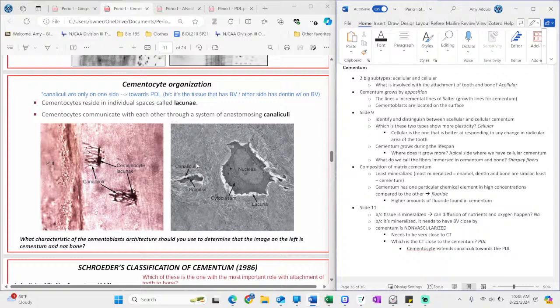And in general, we don't see more than that: these cementocytes are not alive when they are deeper than 50 or 70 micrometers from the PDL.